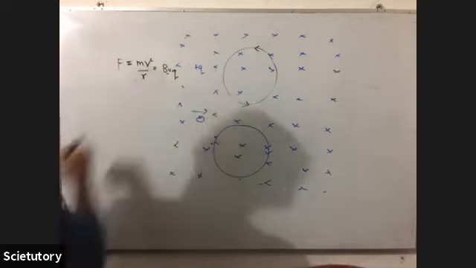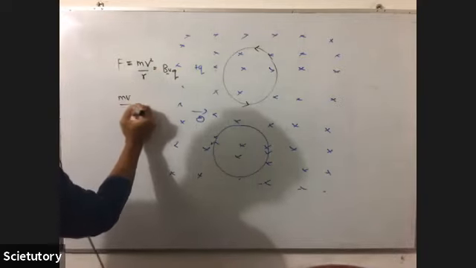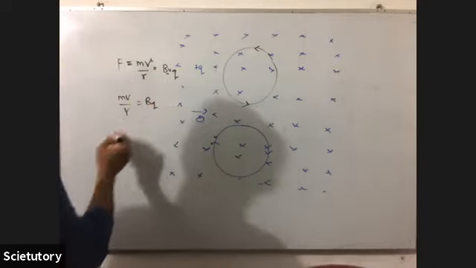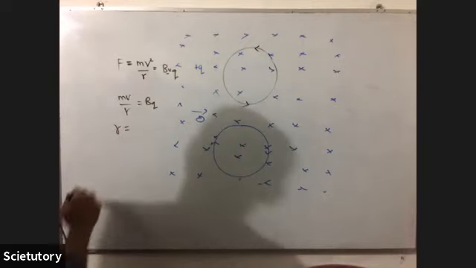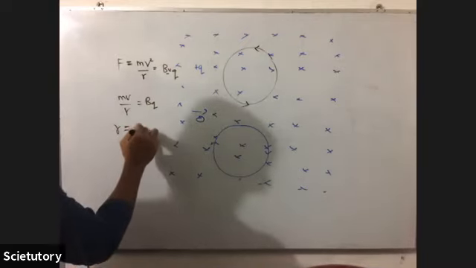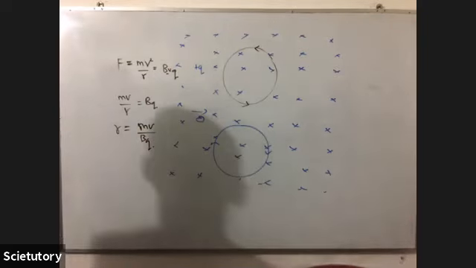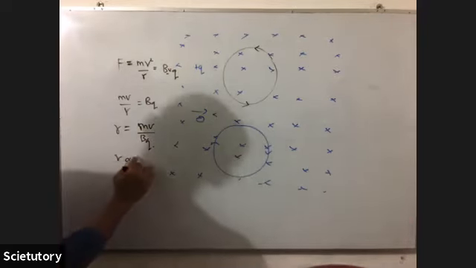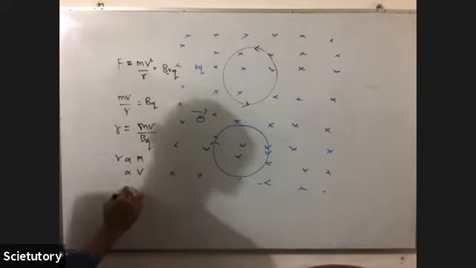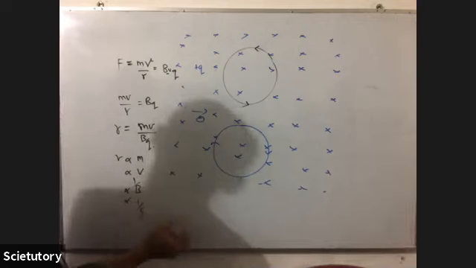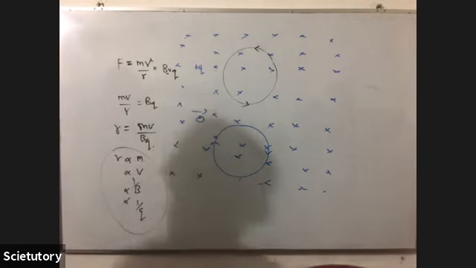So now you can cancel v's. So you get the equation mv over r is equal to BQ. So you can derive an equation for r. So this is r = mv over BQ. So now you can find the determinants of r here. So r is directly proportional to m, directly proportional to v, directly proportional to 1 over B, and 1 over Q. So these are very important.